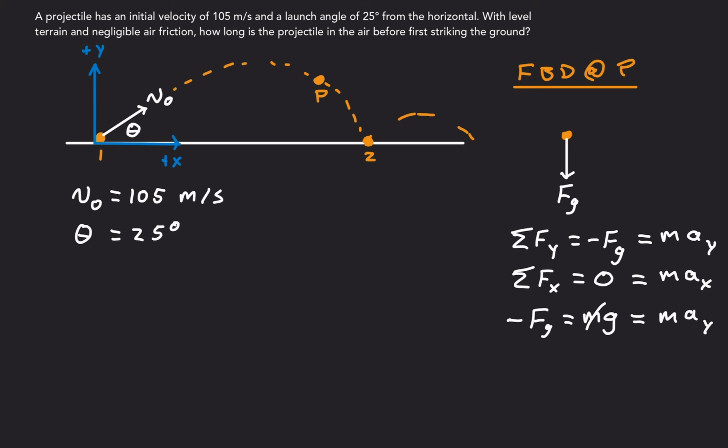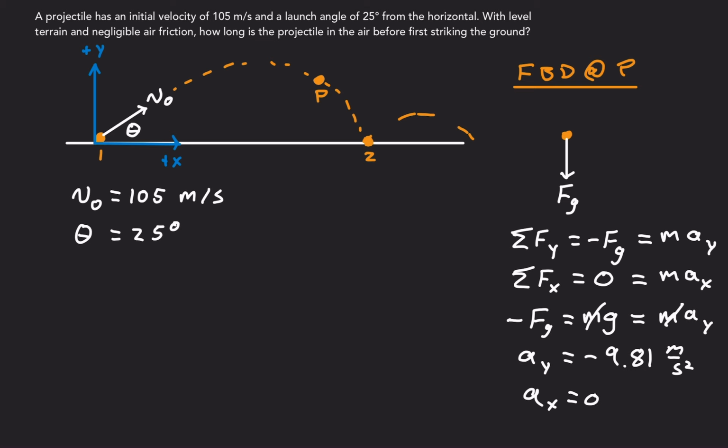Now, if we cancel the mass, we can see that our acceleration in the y direction is equal to negative g, well, really, it would be negative 9.81 meters per second squared, since gravity accelerates downward. And our acceleration in the x direction is going to be 0.